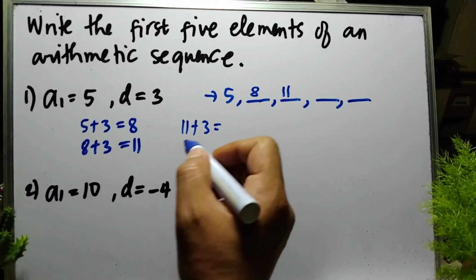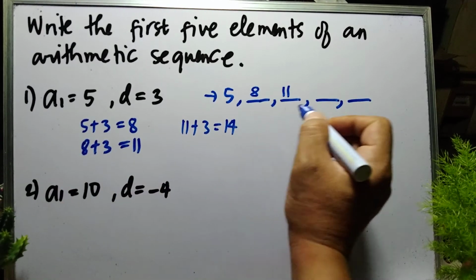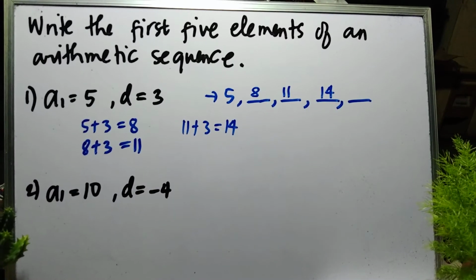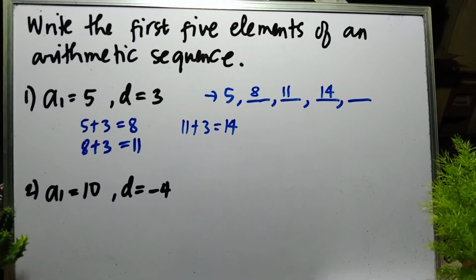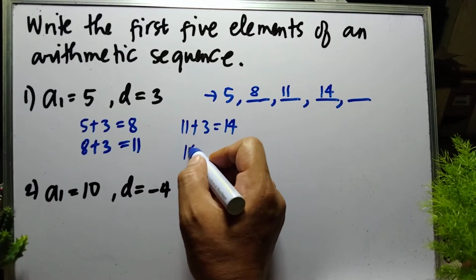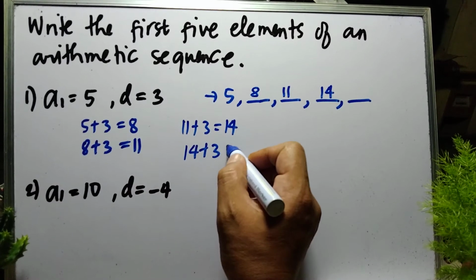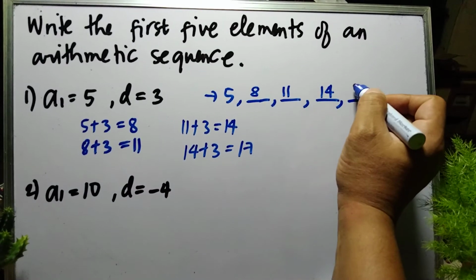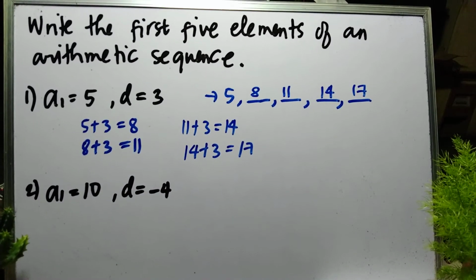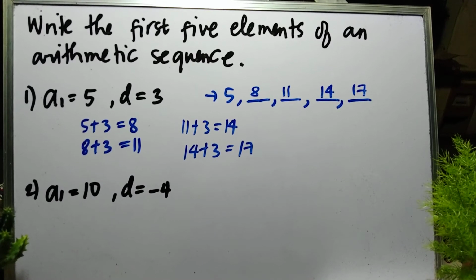So 11 plus 3, you have 14. So it follows that your fourth element is 14. Are we correct? Okay? Nakasunod ba? Okay. So our last element would be 14 plus 3, which is equal to 17. So these are our first 5 elements of the arithmetic sequence.